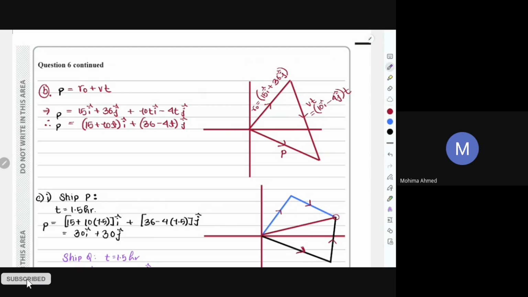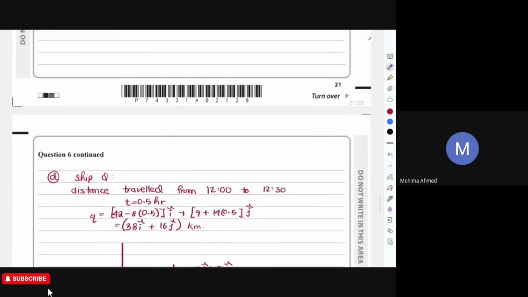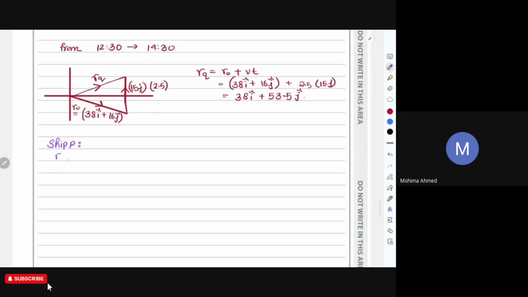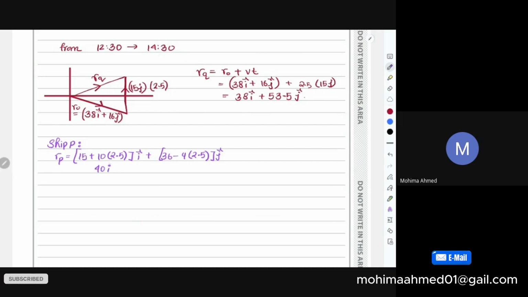I just have to insert 2.5 into the values for P. So RP is just going to be 15, 10, minus 4. 15 times 2.5 is actually 40I, and 36 minus 4 times 2.5 is again 26J.